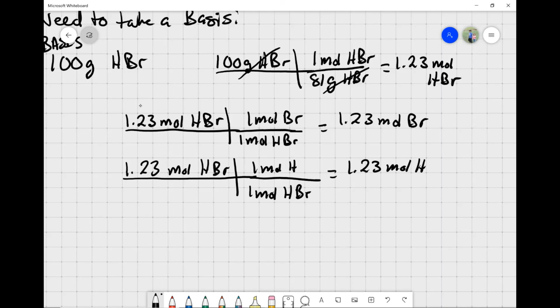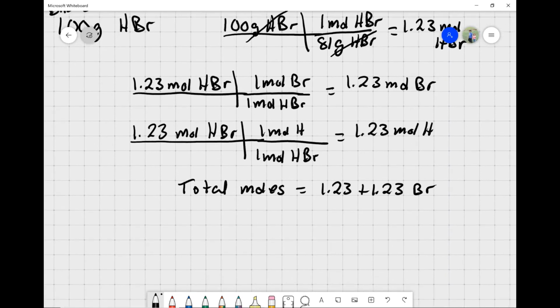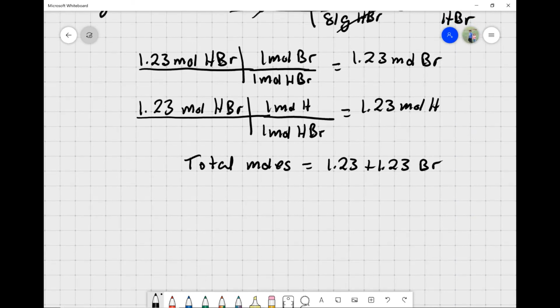And so total moles equals 1.23 for H plus 1.23 for the Br, and that is 2.46. It's going to end up being 0.5 if it's not obvious.